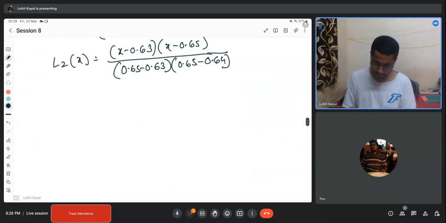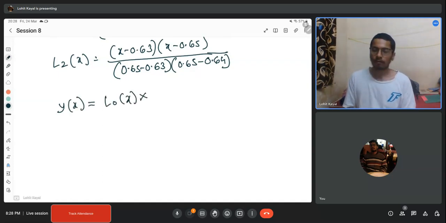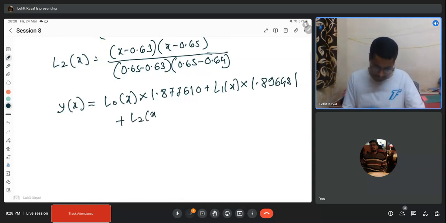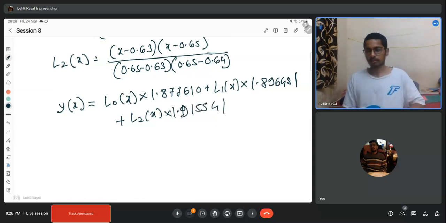Now you need to find the value of y of x, and that is L0 of x into y0, that is 1.877610, plus L1 of x into 1.896481 plus L2 of x into 1.915541.